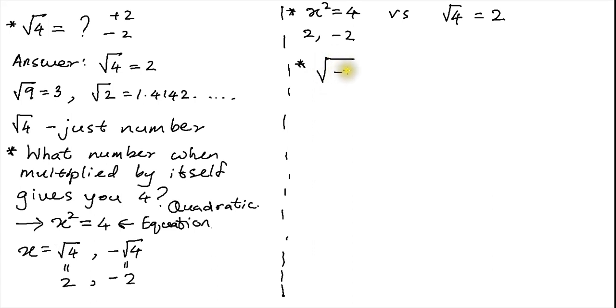Okay, so let me give you something else that may be a little bit confusing. What would you say about negative 2 squared, and then you take the square root? The square root of negative 2 squared.